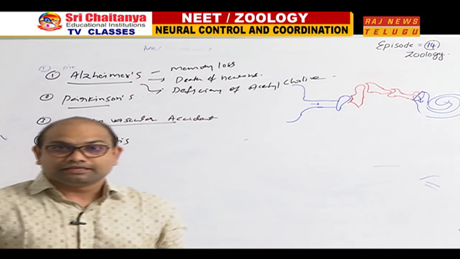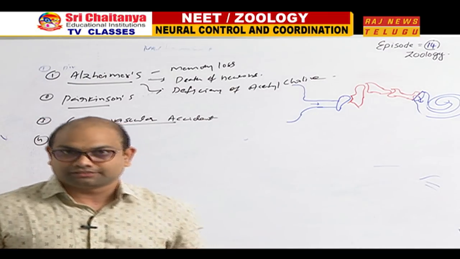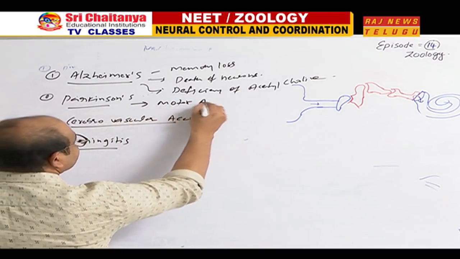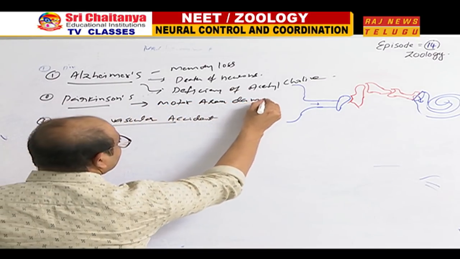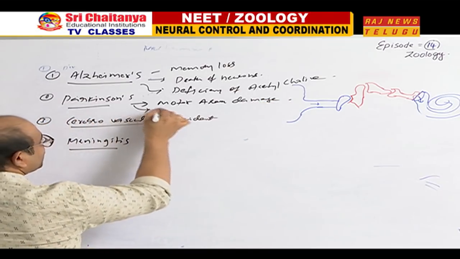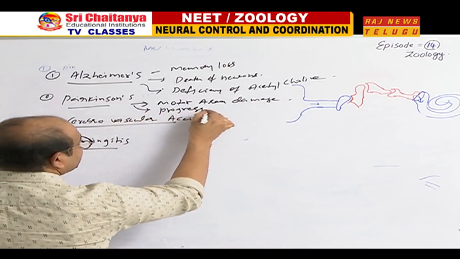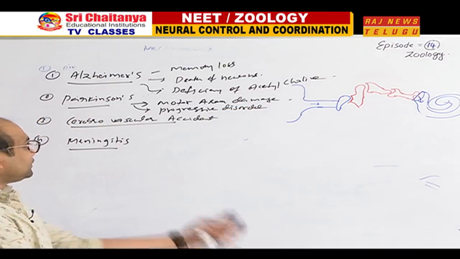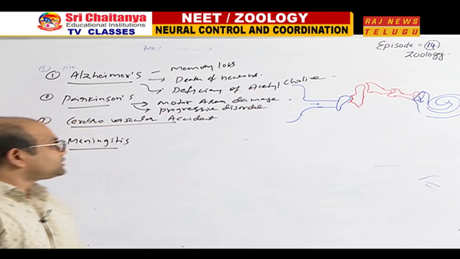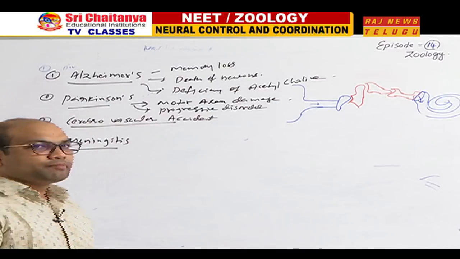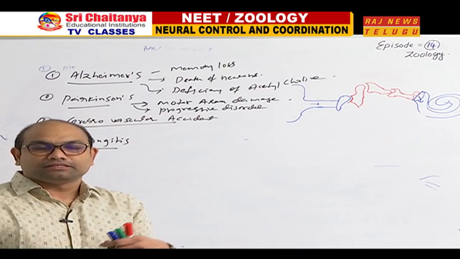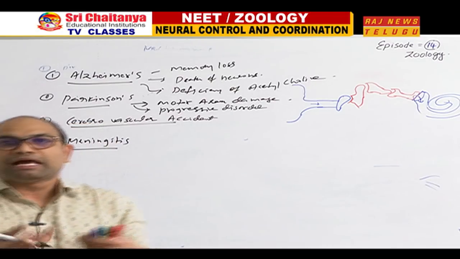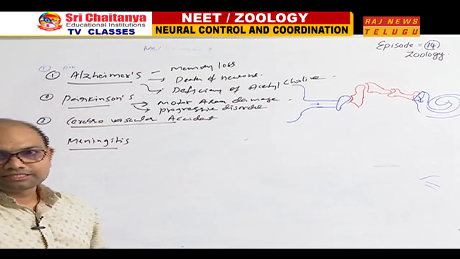In severe cases, they can't even recognize their family members. Next, Parkinson's: damage to the motor area. When the motor area is damaged, it is also called a progressive disorder. The signals going to the different muscles get disturbed, so there will be disturbance in movements, in sleep cycles, and even in balance of the body. So, that is there in Parkinson's.